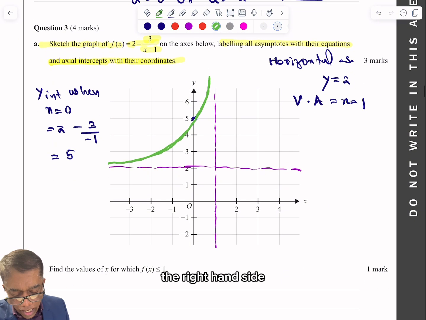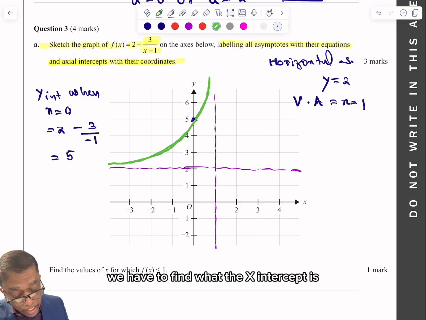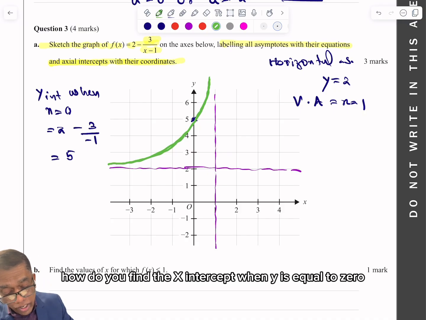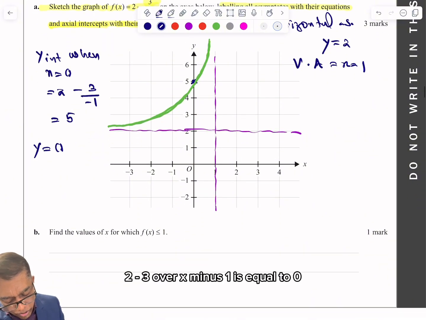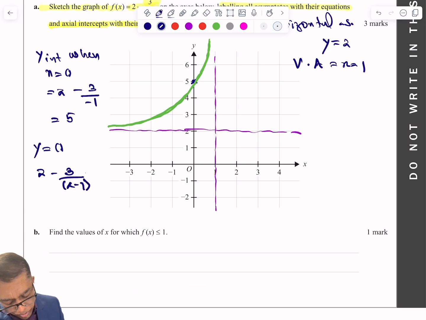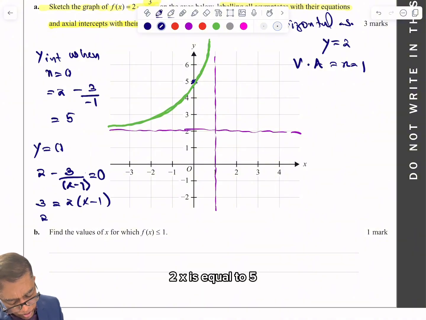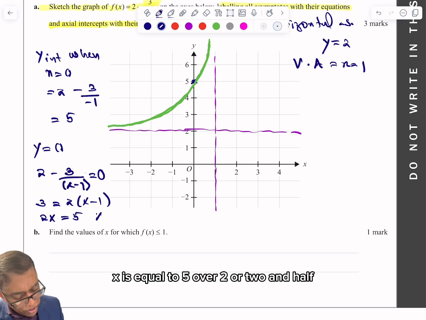For the right-hand side, we have to find what the x-intercept is. How do you find the x-intercept? When y is equal to 0. 2 minus 3 over (x minus 1) is equal to 0. 3 is equal to twice (x minus 1). 2x is equal to 5. x is equal to 5 over 2, or two and a half.